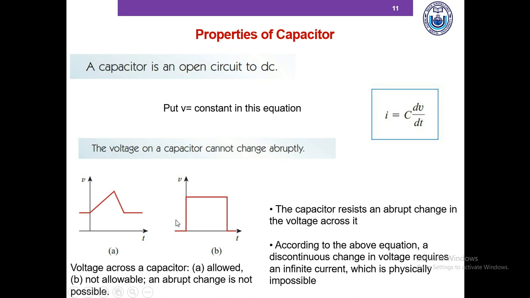For this equation, at t equals 0, delta V, or dV, has a certain value, let's say 10 volts, for delta t equals 0.